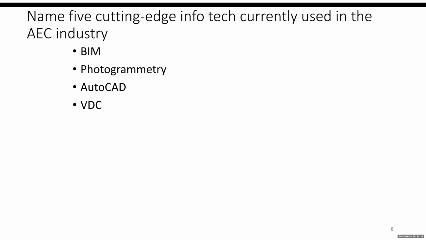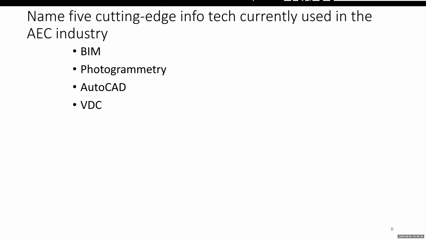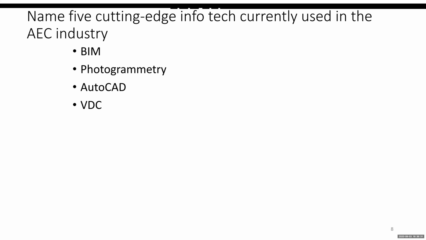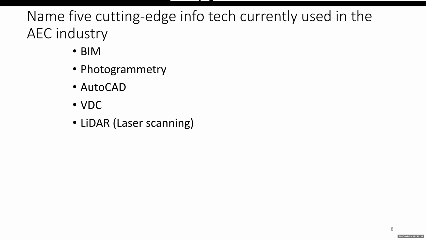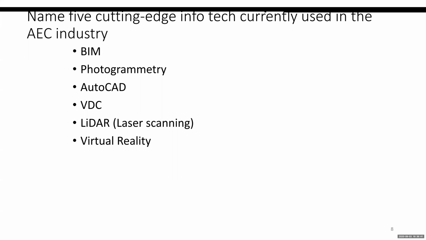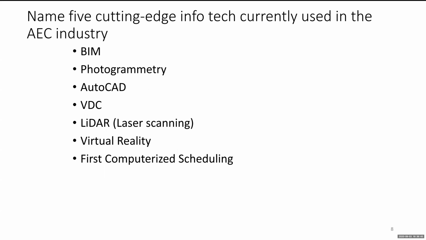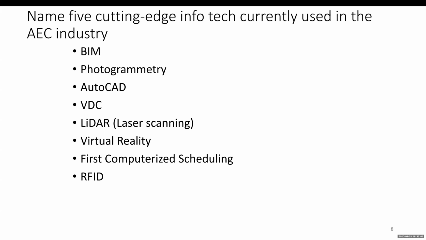VDC, what is VDC? Virtual design and construction. Correct, VDC. That's a word that a lot of people tend to use interchangeably with building information modeling, but that one also focuses a lot on construction coordination. LiDAR, laser scanning, that can scan the building. Virtual reality, computerized scheduling, the RFID.